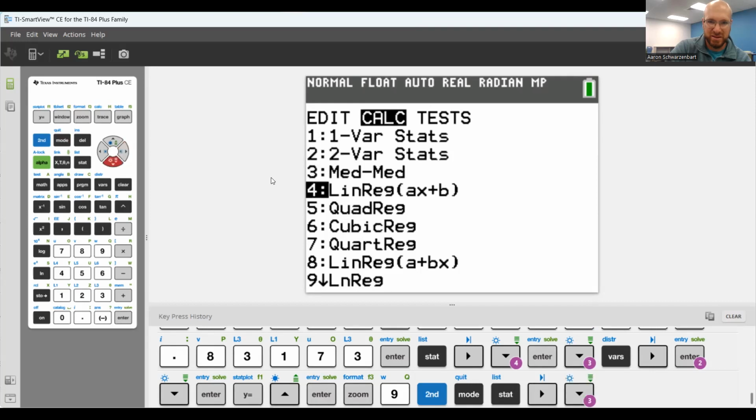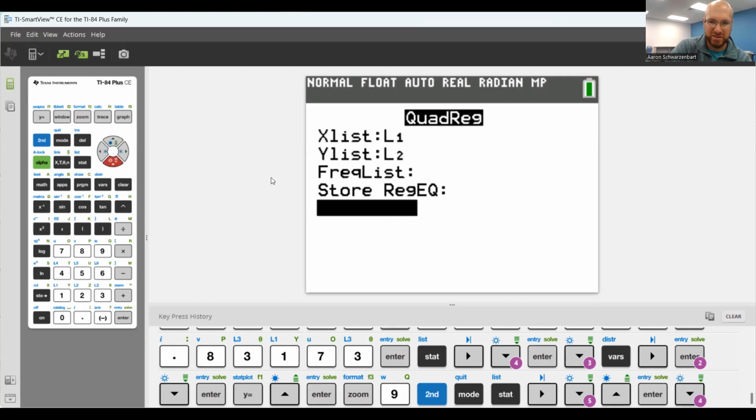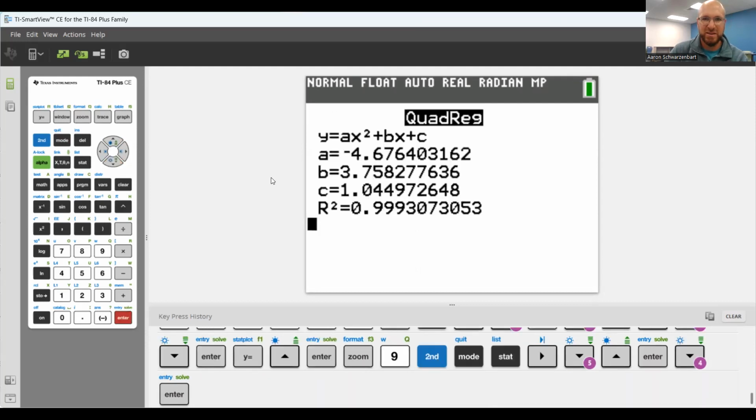We'll calculate it again. I don't really need to do the regression again because it already did it. So I know my equation here is y equals negative 4.676 x squared plus 3.758x plus 1.045.